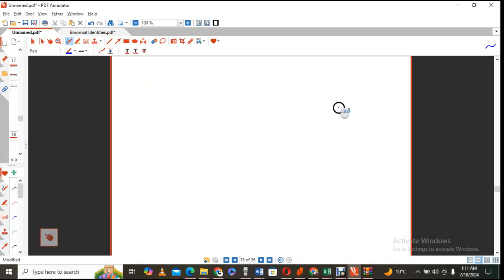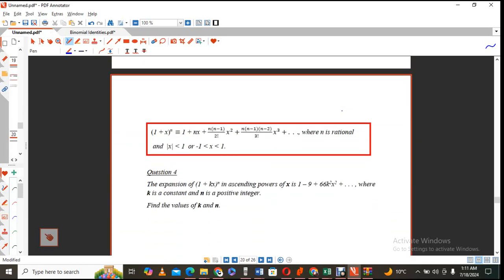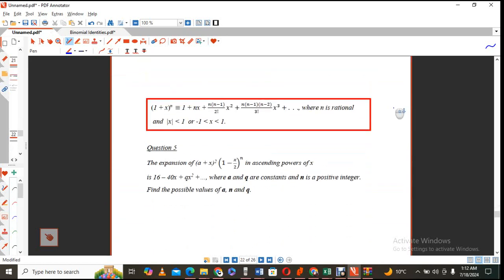That is question 3. And look at question 4. You can as well write it down, where the expansion of 1 plus kx to the n, in ascending powers of x, is this and this and that and that. Find the values of k and n. I'm pausing there so that you can take a print screen, print it out and try it. Then we're going to look at it tomorrow. And then we have the last one.